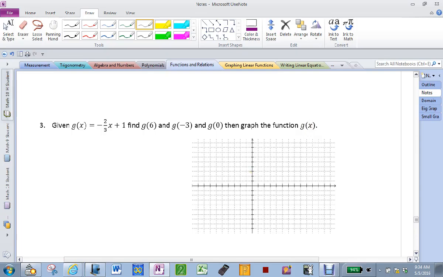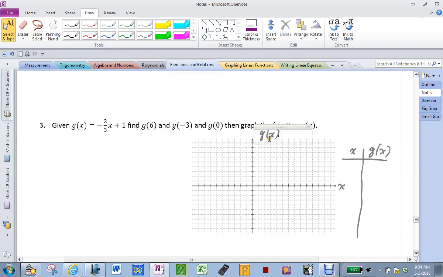If I want to graph it, what do I need? Points on the graph, yes? So, I'm going to make me my table of values. X, and what do we have over here instead of Y now? G of X. So I label my axes. This is still X. What is this now? G of X. Brilliant!